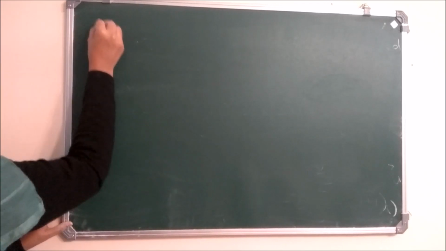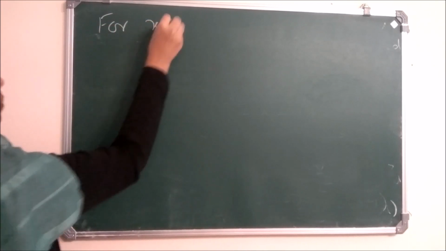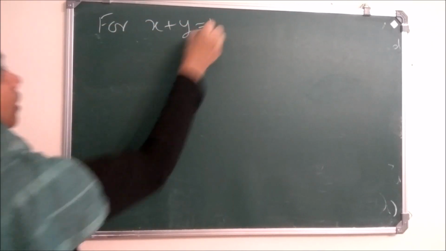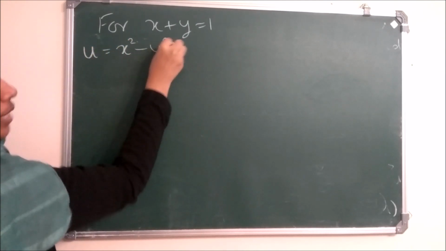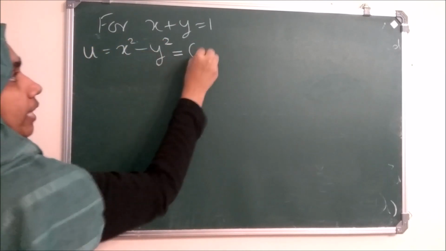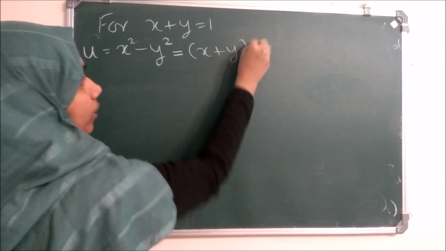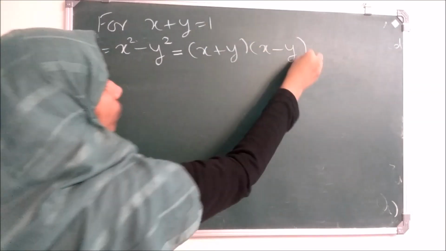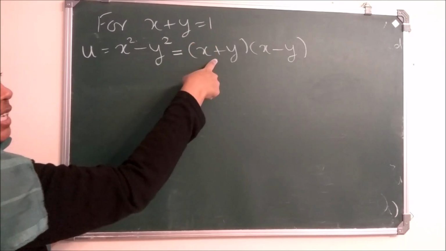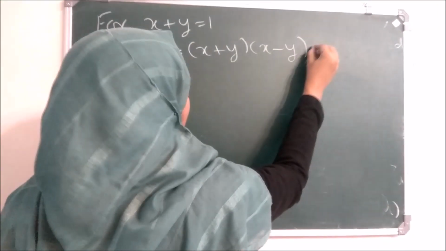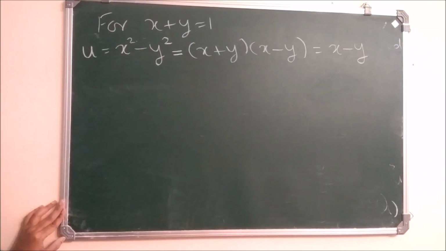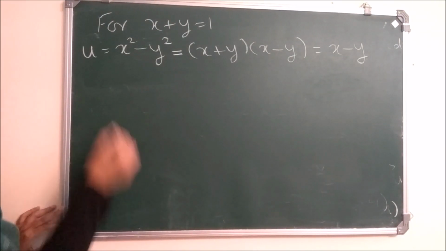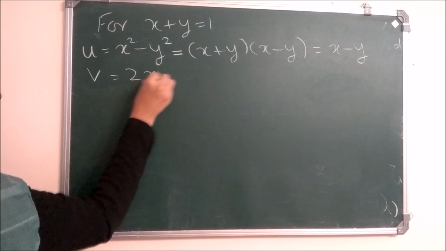Find the image of the line X plus Y equal to 1. We have our U is equal to X square minus Y square. This can be written as X plus Y into X minus Y, and here we have X plus Y is 1. So this U will become 1 into X minus Y, which is equal to X minus Y, and our V is 2XY.